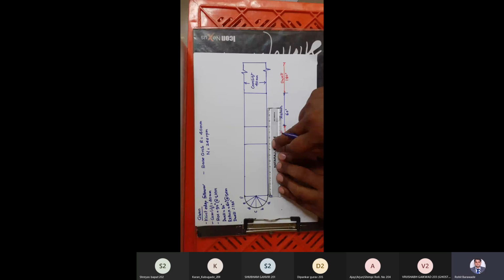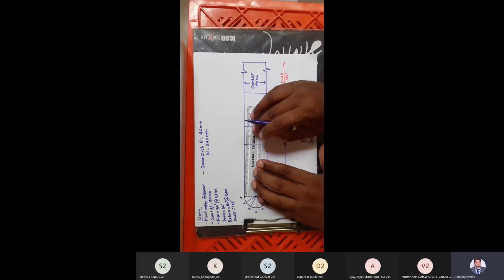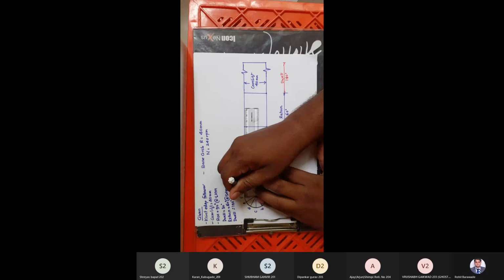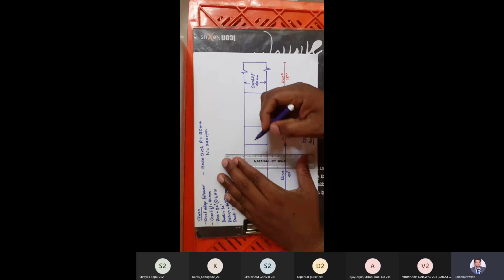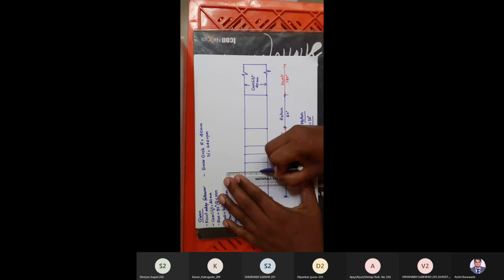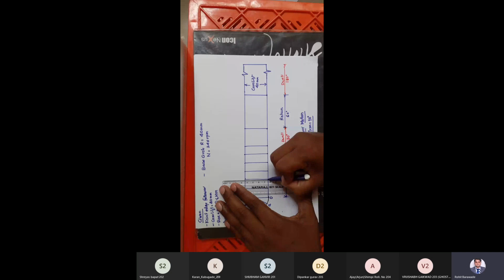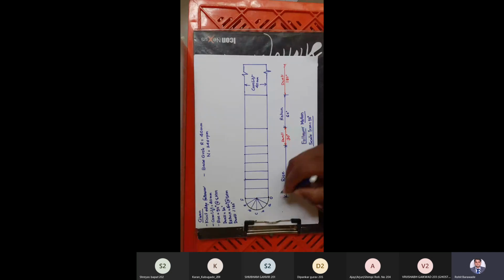These are the points I'm dividing at 1.5 centimeters, and the line is joined. Then for these horizontal parts, I give the names 1, 2, 3, 4, 5, and 6.